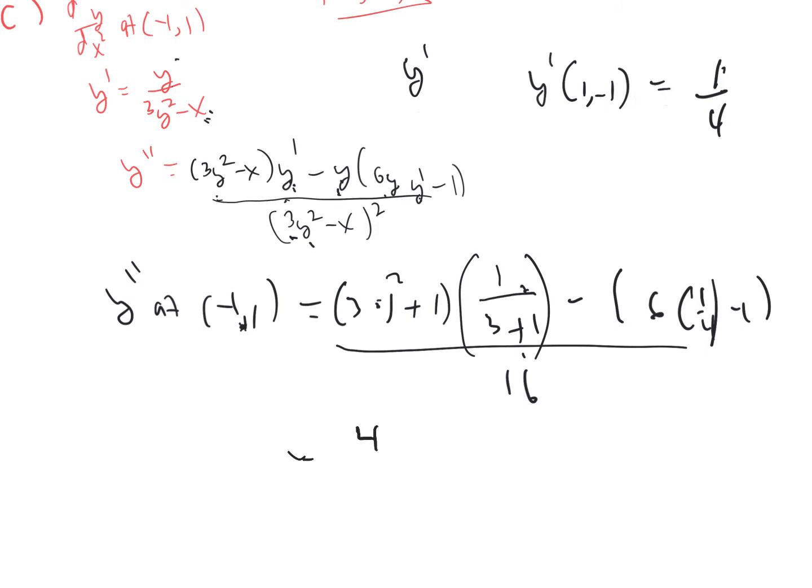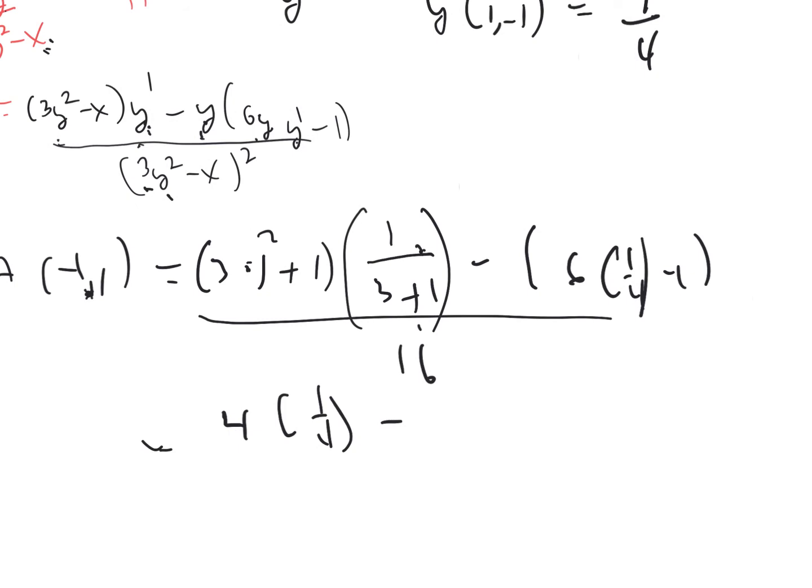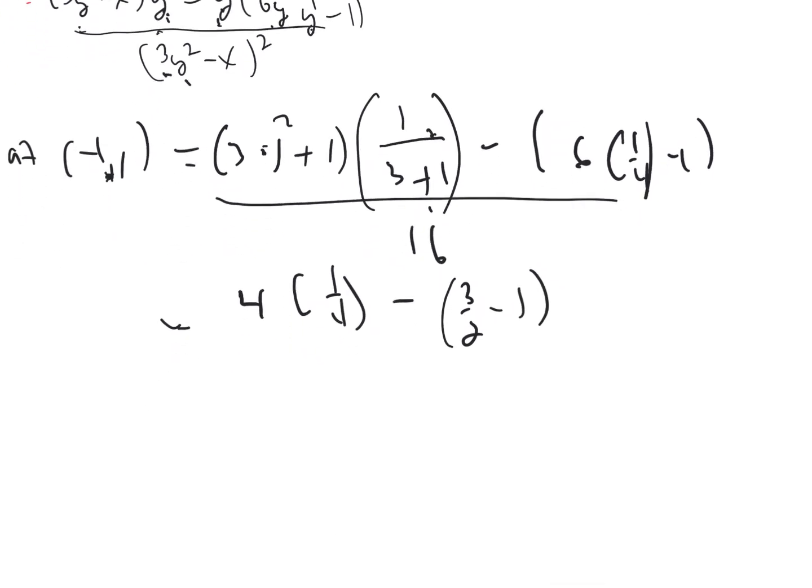4 times 1/4 minus 6 times 1/4. I'm going to call that 3/2. And it was a minus 1 here. I'm taking it slow because the odds are I'll make a mistake somewhere. 4 times a 4th is a 1.